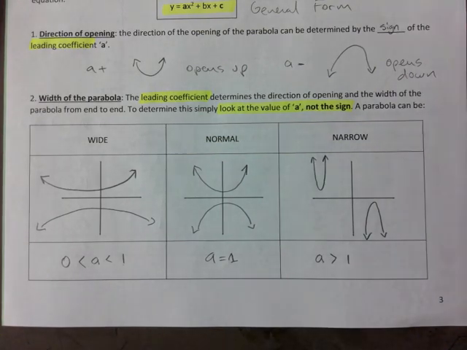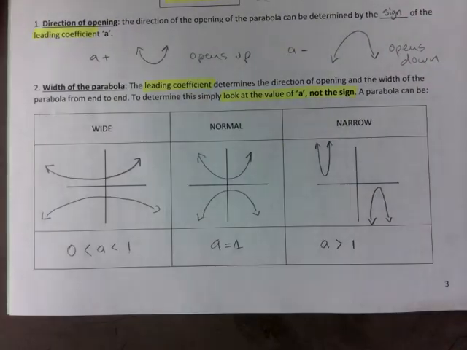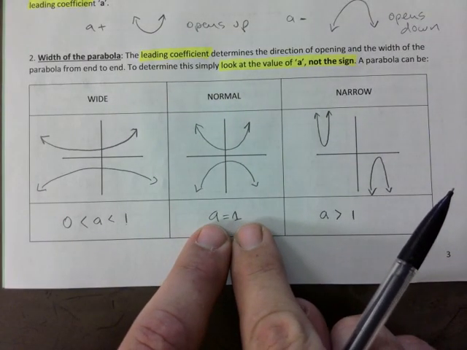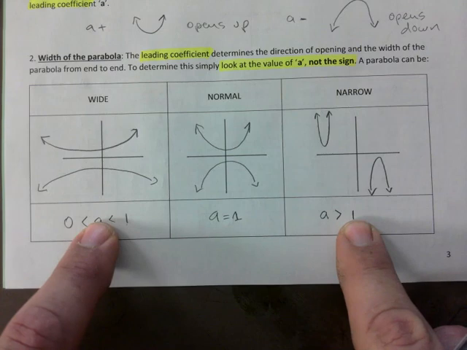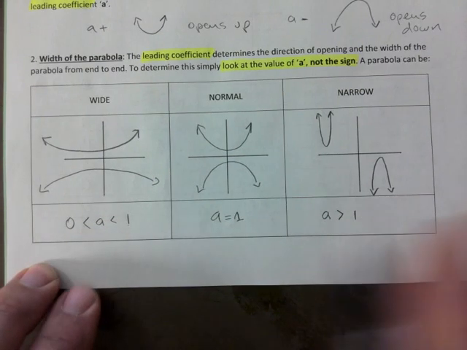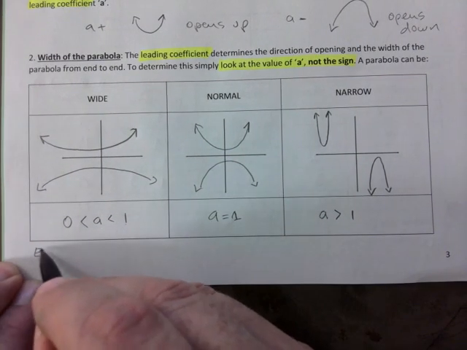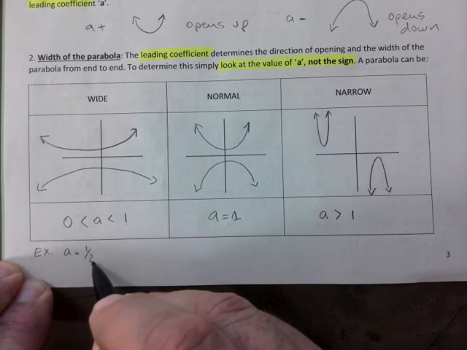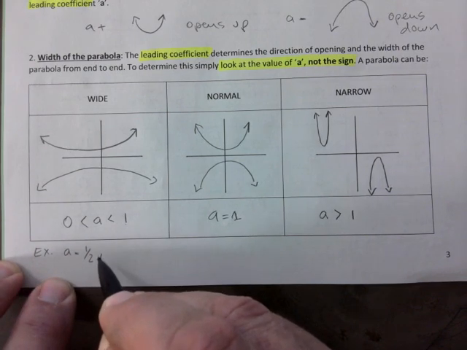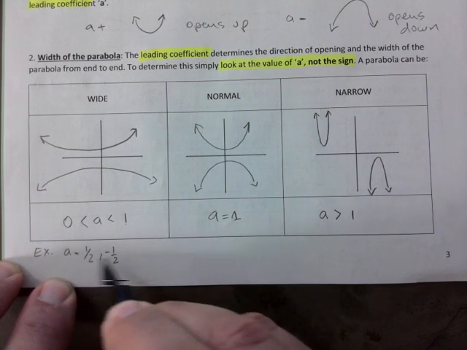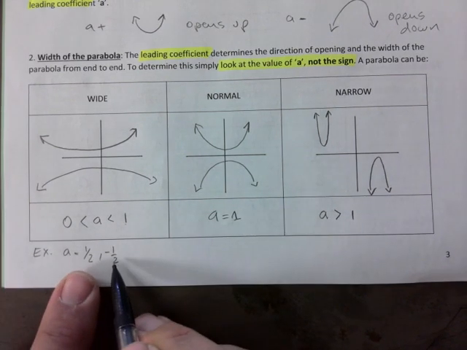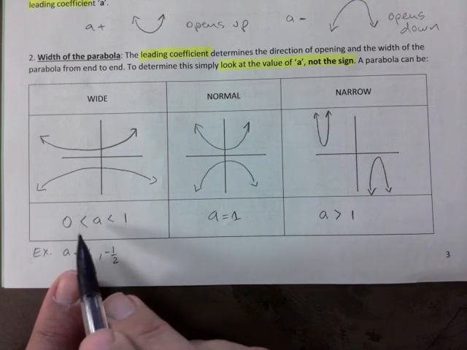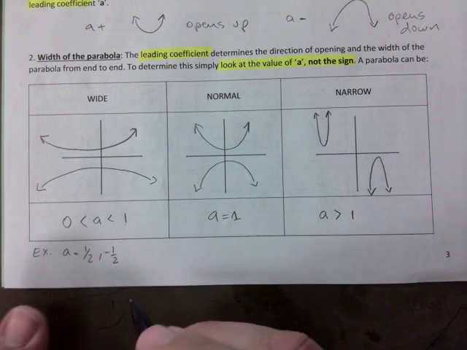Okay. So I'll give you some examples here. Obviously, A is equal to 1 is this, but then you have two scenarios where it's either wider or narrower. So examples, when A is equal to 1/2, negative 1/2. So both of these, if you just look at the value, it's 0.5. So it's between 0 and 1.